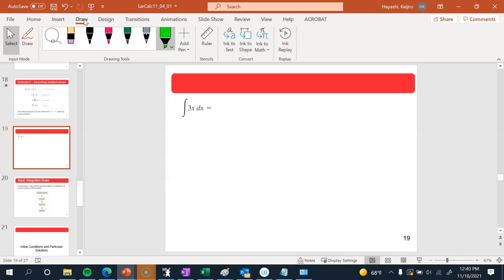And while you could solve it by thinking, okay, have I ever seen 3x as a derivative? Now that we know those integration rules, now that we know that we can reverse our differentiation rules to make integration rules, we can actually find this mathematically instead of just reasoning it out or trying to remember if we've ever seen it before.